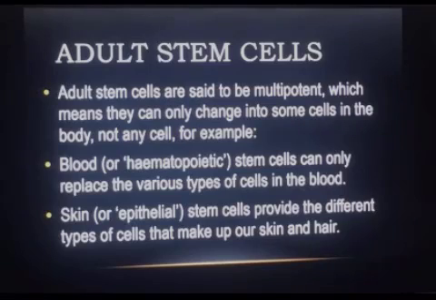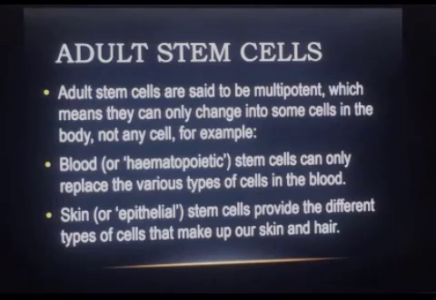For example, the pluripotential can make all types of cells of the body, and the multipotential produce some types of cells. Like the hematopoietic stem cell, which produces only blood cells, and the skin stem cell, which produces epithelial cells of the skin.